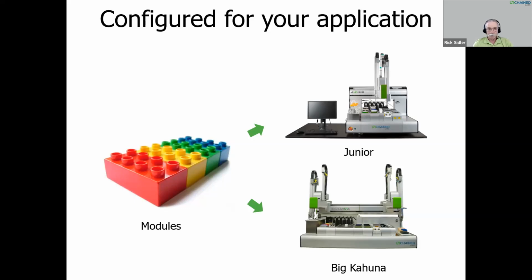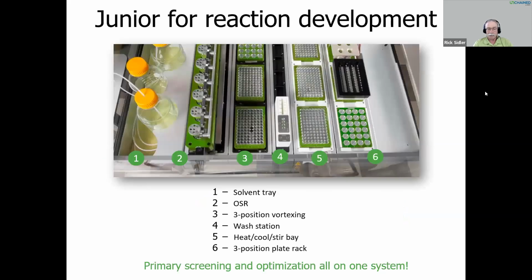An example configuration for a Junior with an optimization sampling reactor might look something like this, where we have shown here on the left-hand side of the robot, the optimization sampling reactor itself. Next to that, we're seeing a vortexing station with 3 microtiter plate format positions. Then moving over to the right from there, we have a heated, cooled, magnetically stirred bay and a passive rack bay.